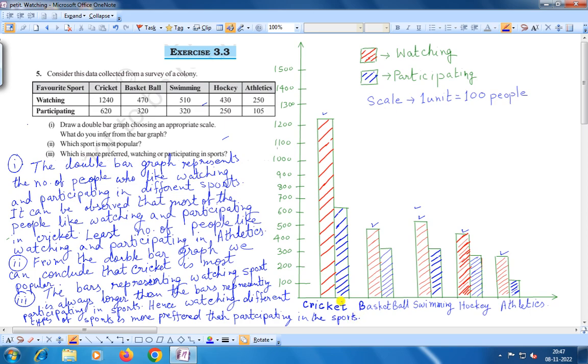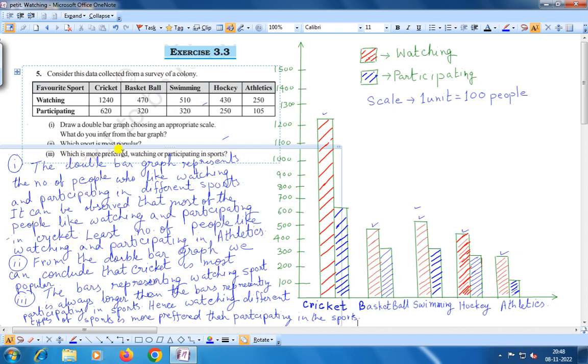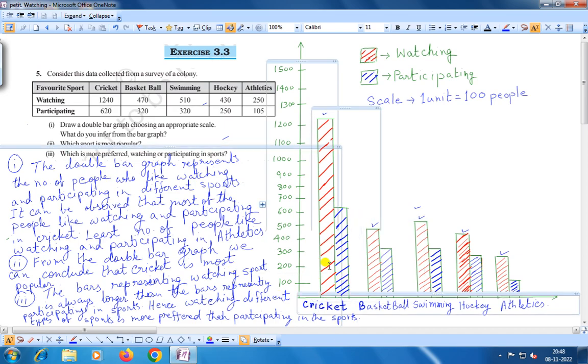From this graph we can say that the double bar graph represents the number of people who like watching and participating in different sports. It can be observed that most of the people like watching and participating in cricket and the least number of people like watching and participating in athletics. Number 2, which sport is most popular? Here you see from the graph that cricket is the most popular of all the sports. Which is more preferred, watching or participating?